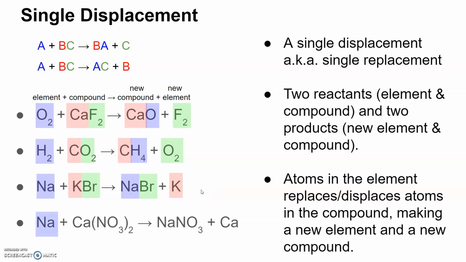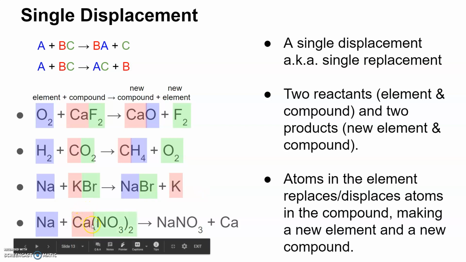And the same thing here, sodium. Now in this case, our compound has a polyatomic ion. So remember, we treat this as a group, so that stays together. So the sodium will replace the calcium, and you have a new compound, sodium nitrate, and calcium.